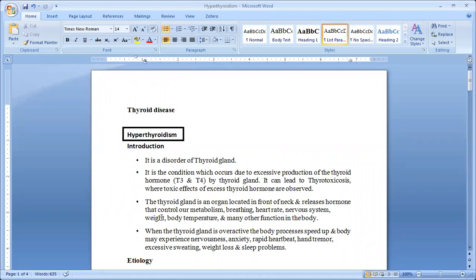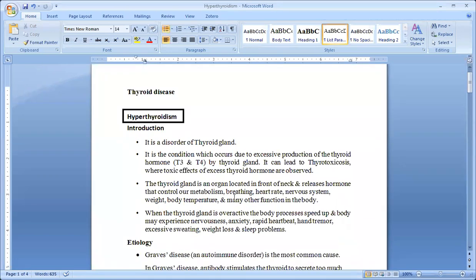Weight, that's why in hyperthyroidism it loses weight, and in hypo, it increases the weight. Okay, we will see later. Body temperature and many other functions in the body.